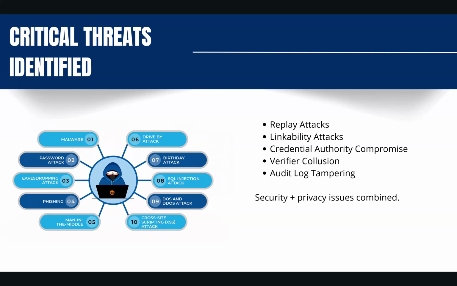Fourth, verifier collusion, where different verifiers cooperate to break privacy. And finally, audit log tampering. These threats combine both security risks and privacy risks, which is why our design treats both together. So now my colleague Jay is going to take it from here.